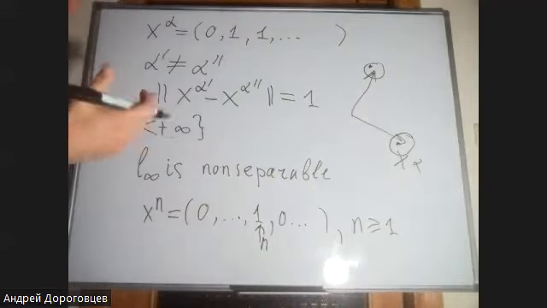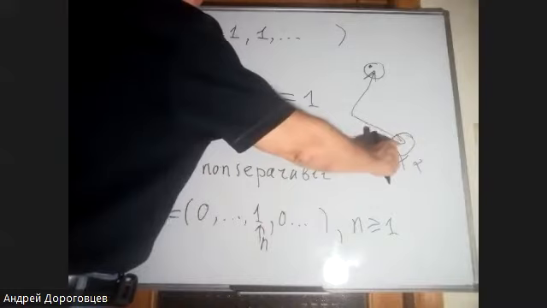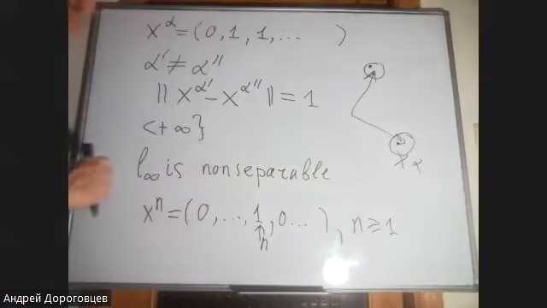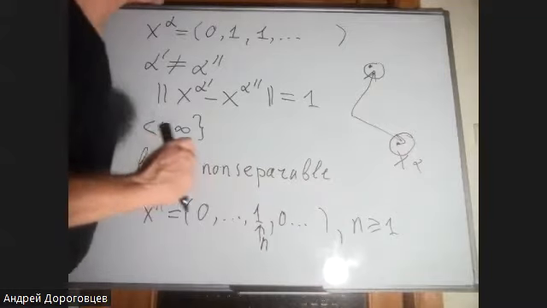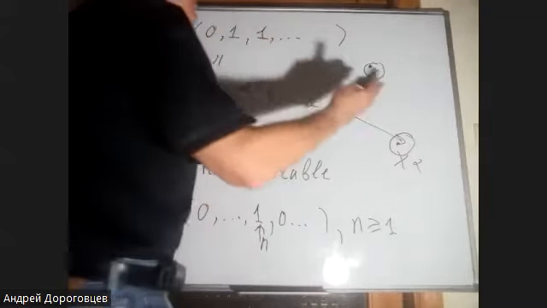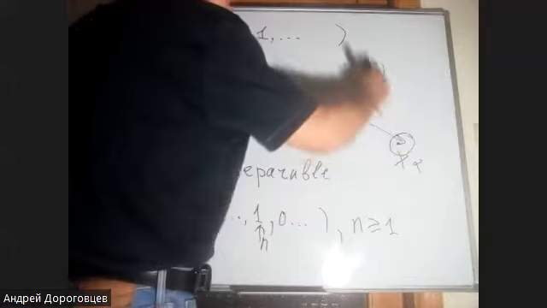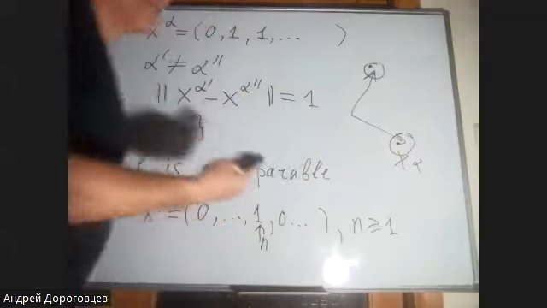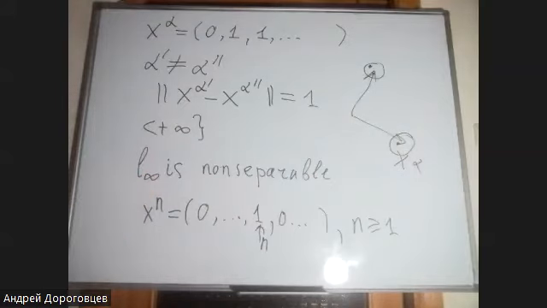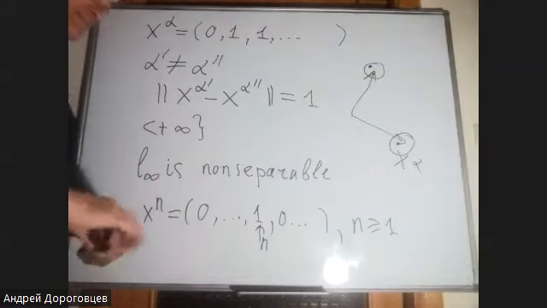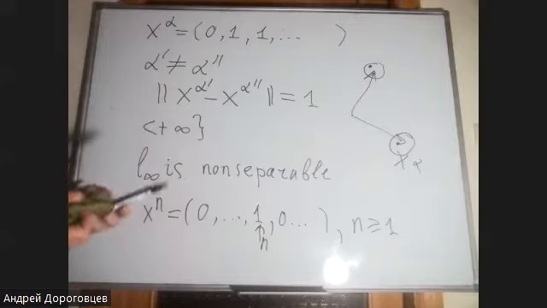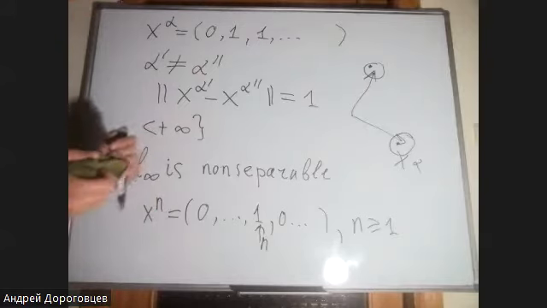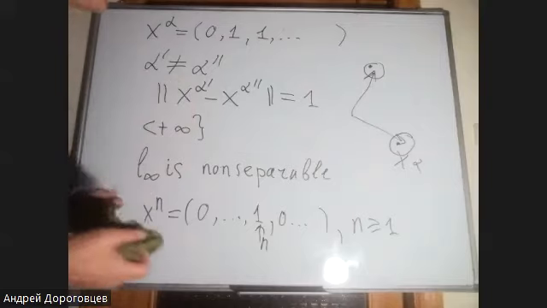Because if the set is dense, then there must be a point of the set in any neighborhood of any point of the space. Then one can see that these points must be different for different alphas, and we already have an uncountable family of points. This proves that l infinity is a much more complicated space than the spaces which we considered before.